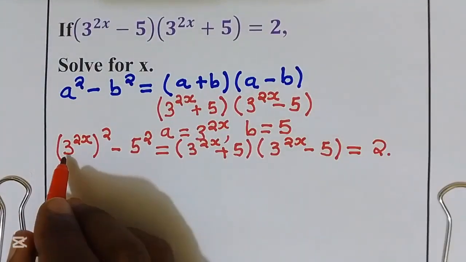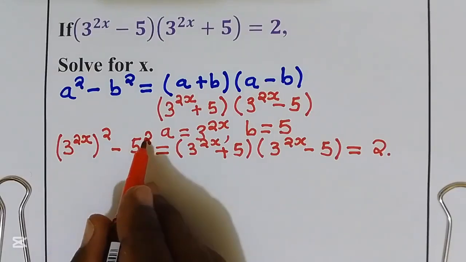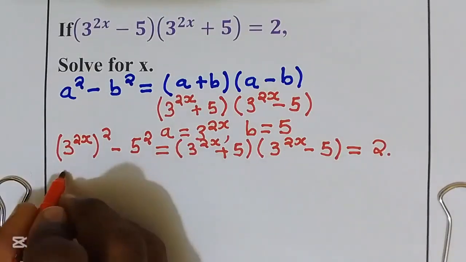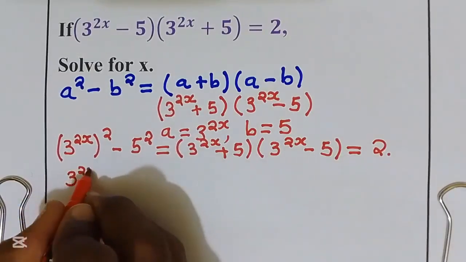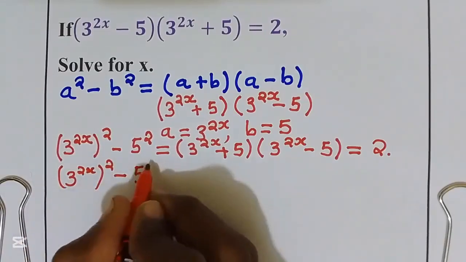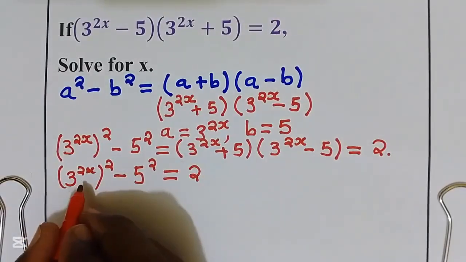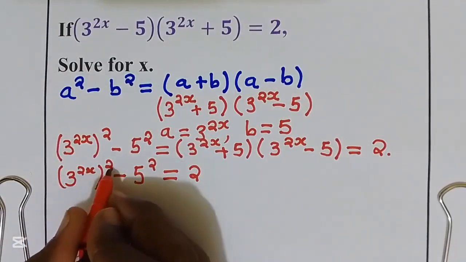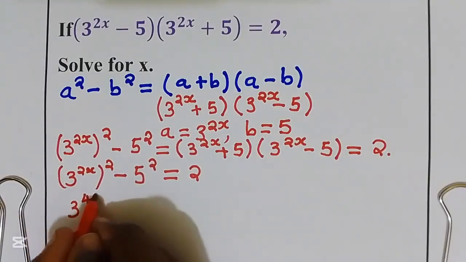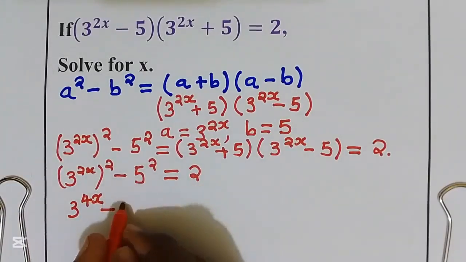So, (3 power 2x) squared minus 5 squared is equal to 2. I can multiply the power, 2x multiplied by 2, I'll get 3 power 4x minus 5 squared, which is 25.